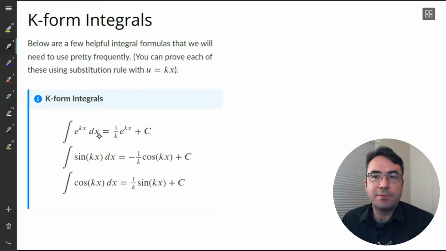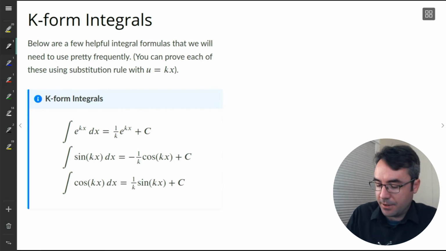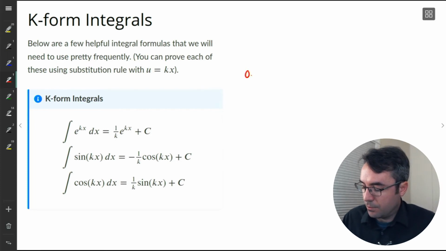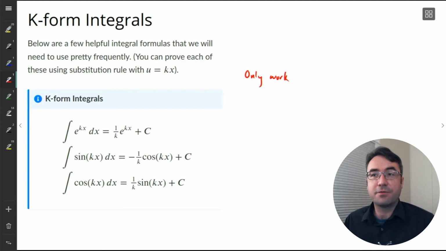So how to remember it? Well, we integrate e to the kx. We get e to the kx, and then we take the constant that's in front, flip it, and put it in front of the exponential there. And the note here is these only work when our inner function is k, a constant, times x.